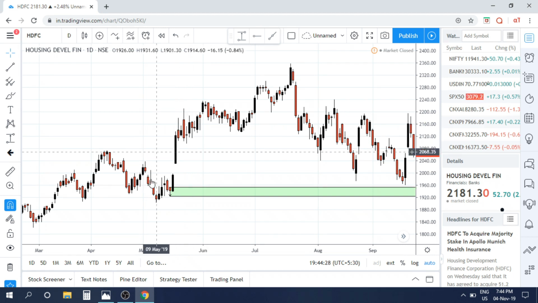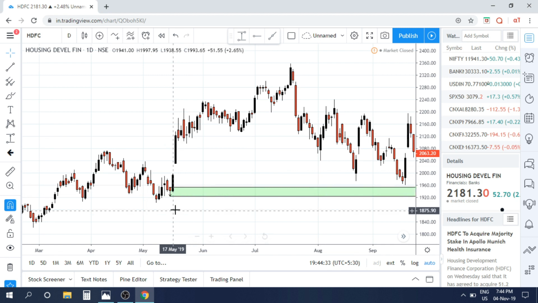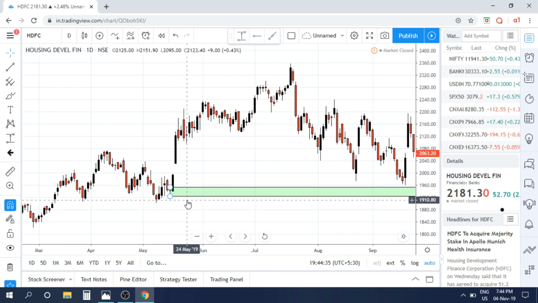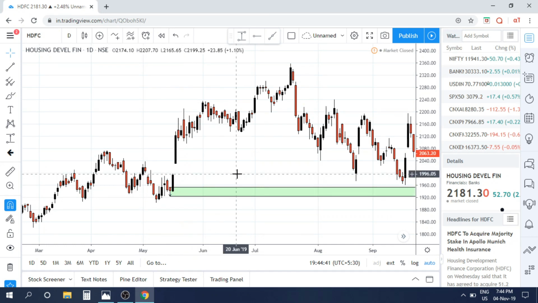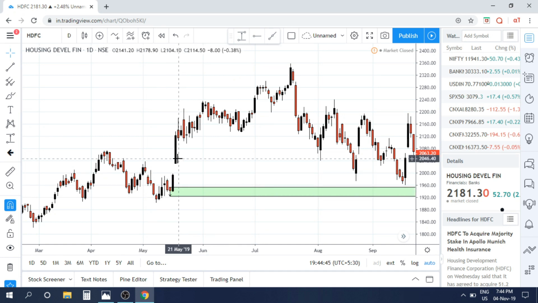So this is a pretty strong move out, and therefore we can say that the order flow from the demand side, the buy side, was very strong compared to the order flow from the sell side. So the stronger the imbalance, the stronger the order flow, the higher the probability that there would be unfilled pending orders in that basing area.